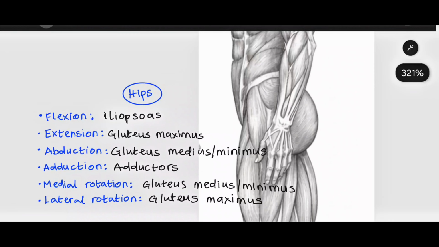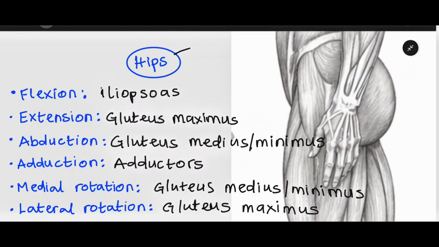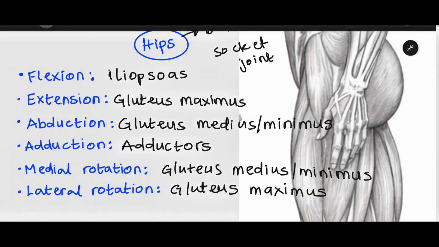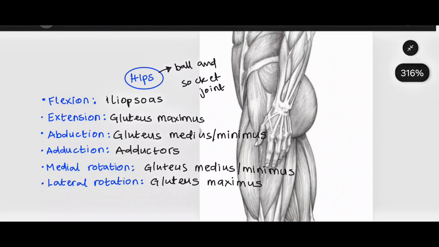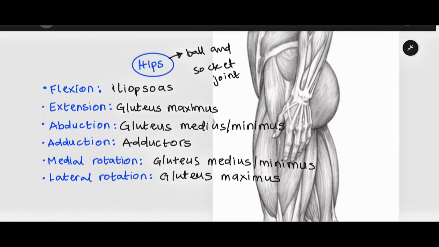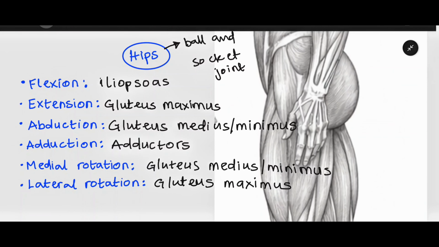Okay, now on to the hips. The hip joint is a ball and socket joint, and the movements that can happen at the hips are flexion, which is basically where the knee drives up, hip extension, which is where the leg drives back, hip abduction, which is where the leg moves out to the side away from the body, hip adduction, which is where the leg moves back closer to your body, hip medial rotation, which is basically when the hip rotates inwardly.